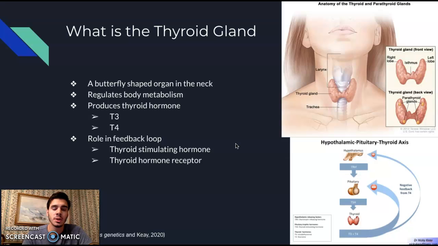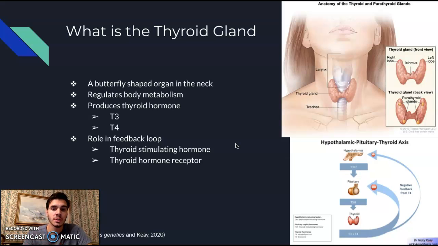Now, the thyroid gland also plays a role in the feedback loop. This feedback loop encompasses the thyroid gland, the pituitary gland, and the hypothalamus. So when the thyroid is secreting these thyroid hormones, T3 and T4, they are released into the bloodstream. Once it's in the blood, it's going to be spread all throughout the body.